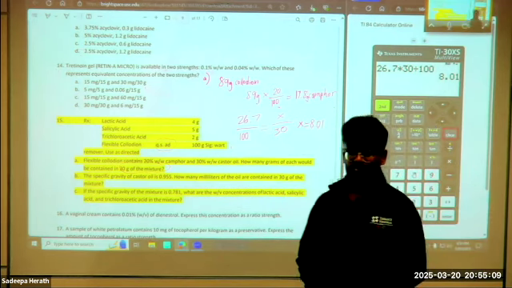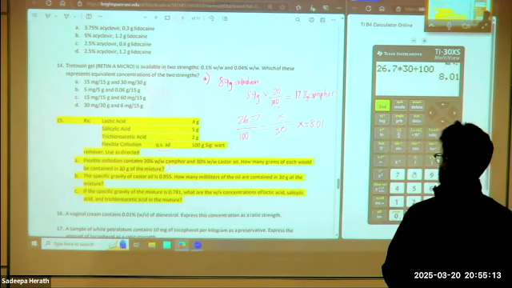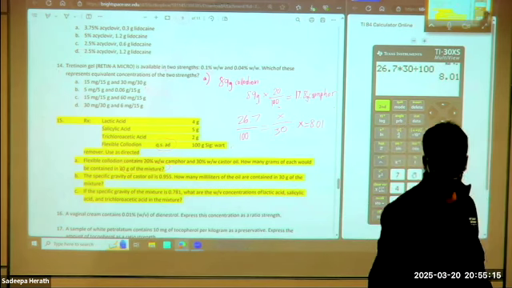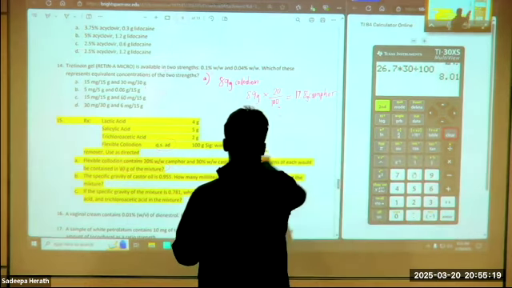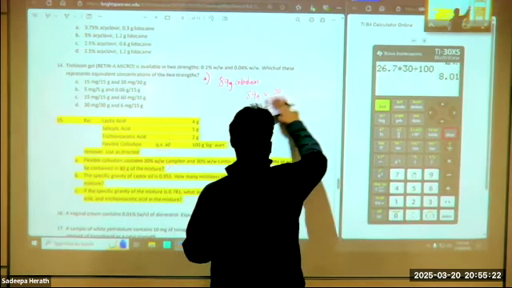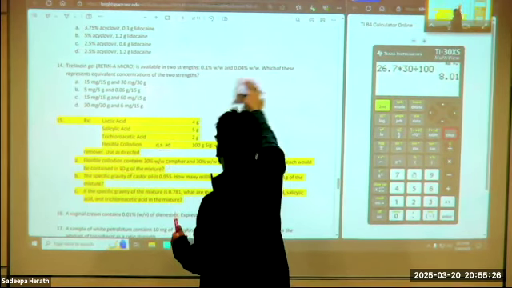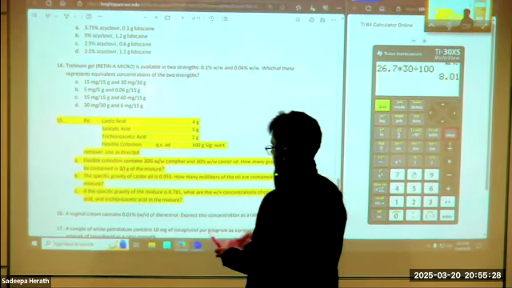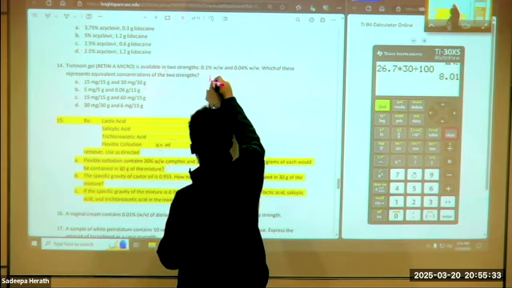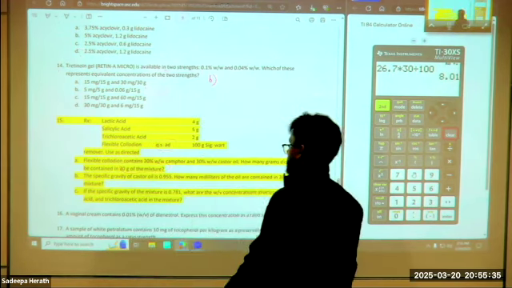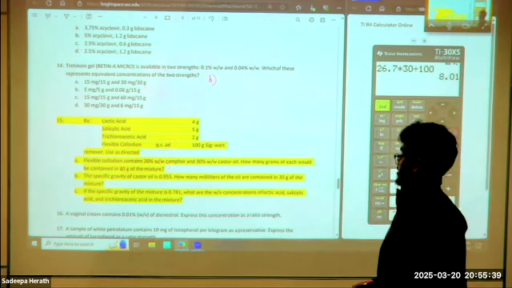So that was just one part. Let's go with B. The specific gravity of castor oil is 0.955.